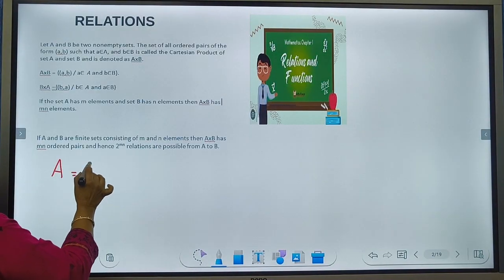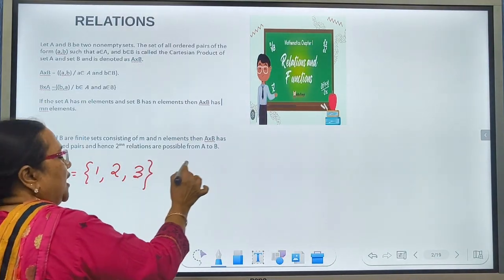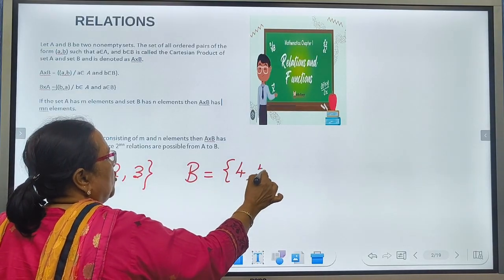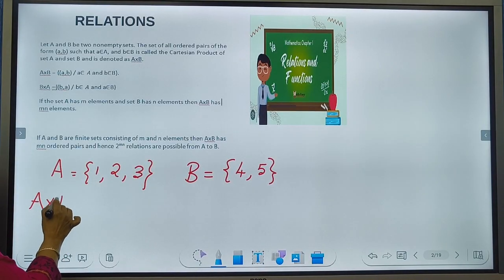if A equal to {1, 2, 3} and B is the set which consists of the elements 4, 5, then what will be A cross B?